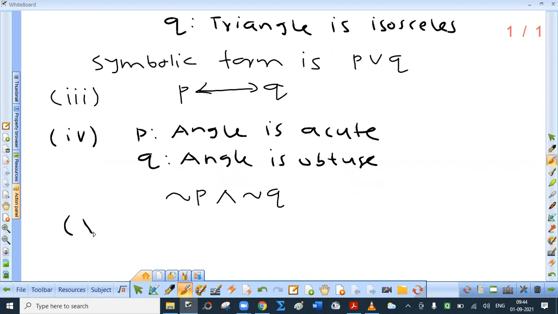Fifth one, if triangle ABC is right angled at B, then measure of angle A plus measure of angle C equals 90 degrees.